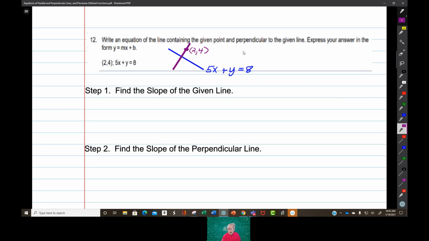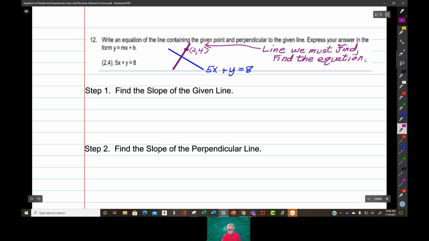This is the line we're going to find. And when I say that, I mean find the equation of.